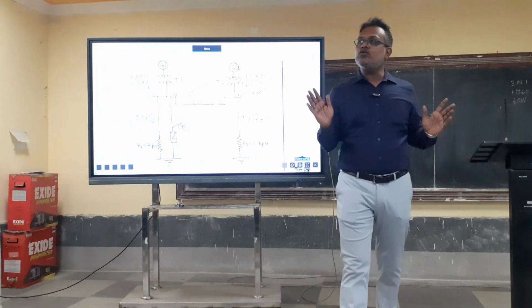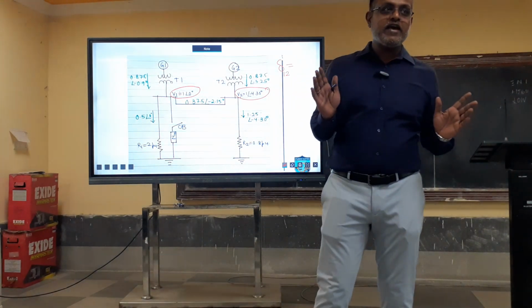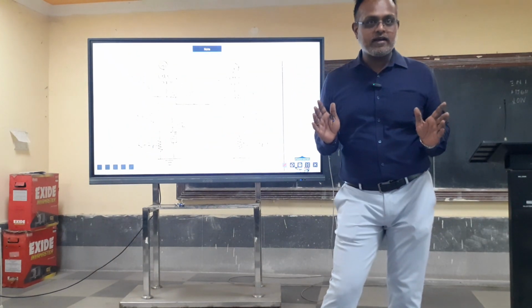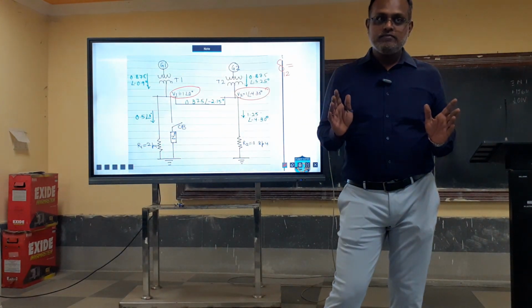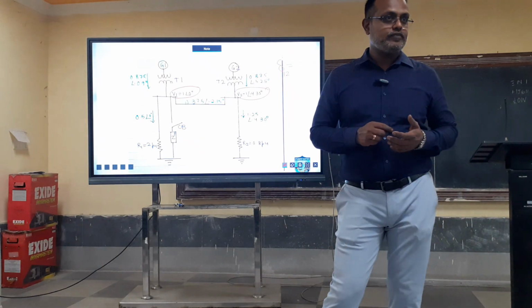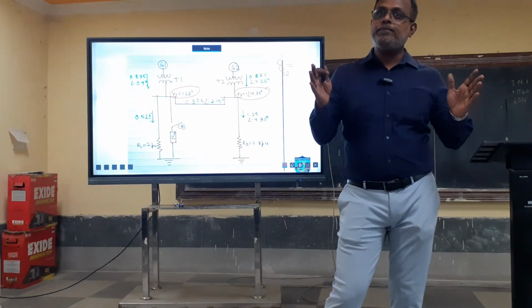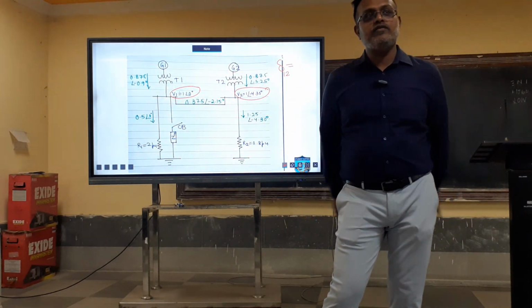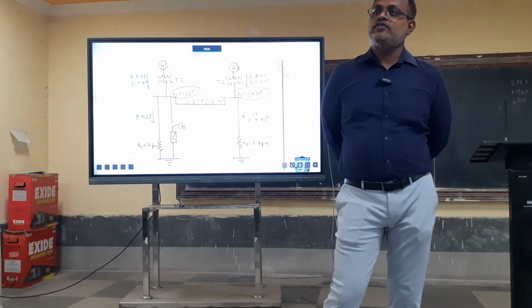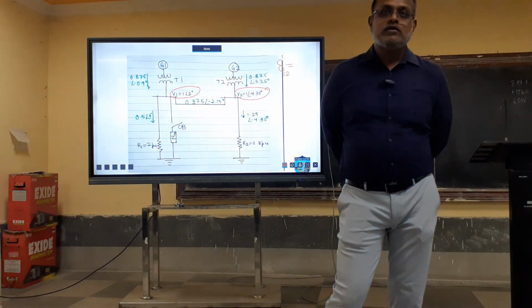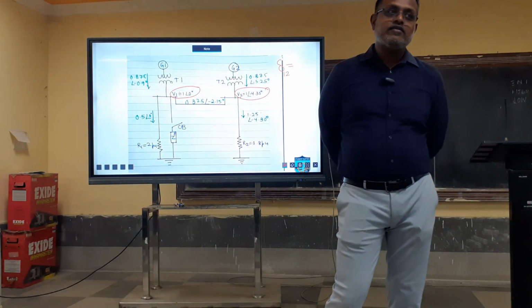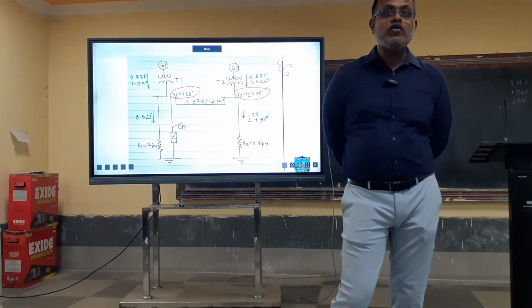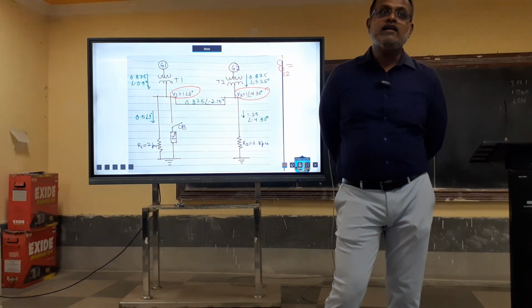Power transfers between two nodes based on is it voltage magnitude or the angle? Will real power flow occur only with voltage magnitude difference? This we discussed from the very beginning. No. Voltage magnitude difference only results in reactive power. For real power flow, we need angle difference.